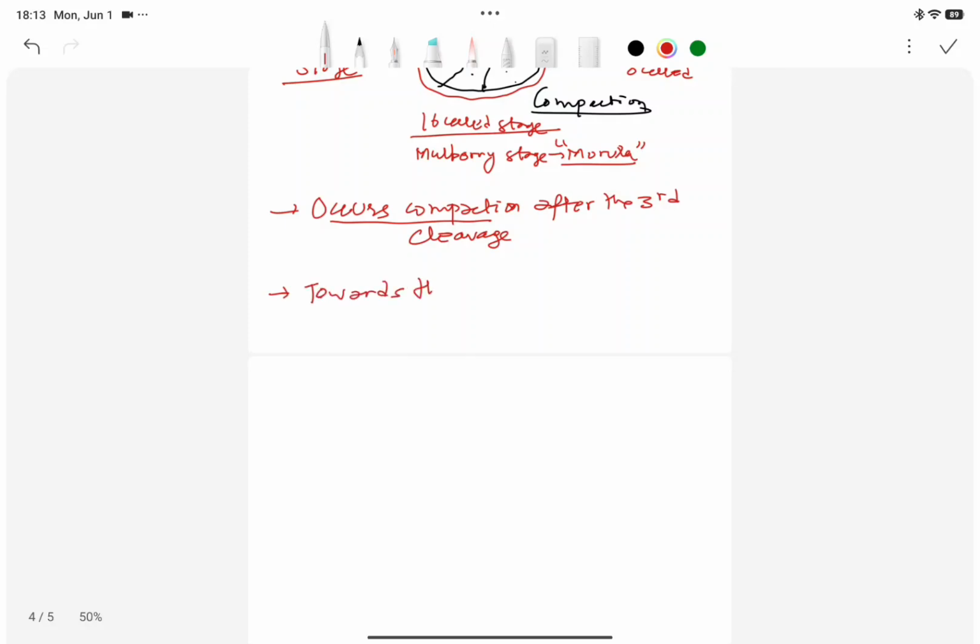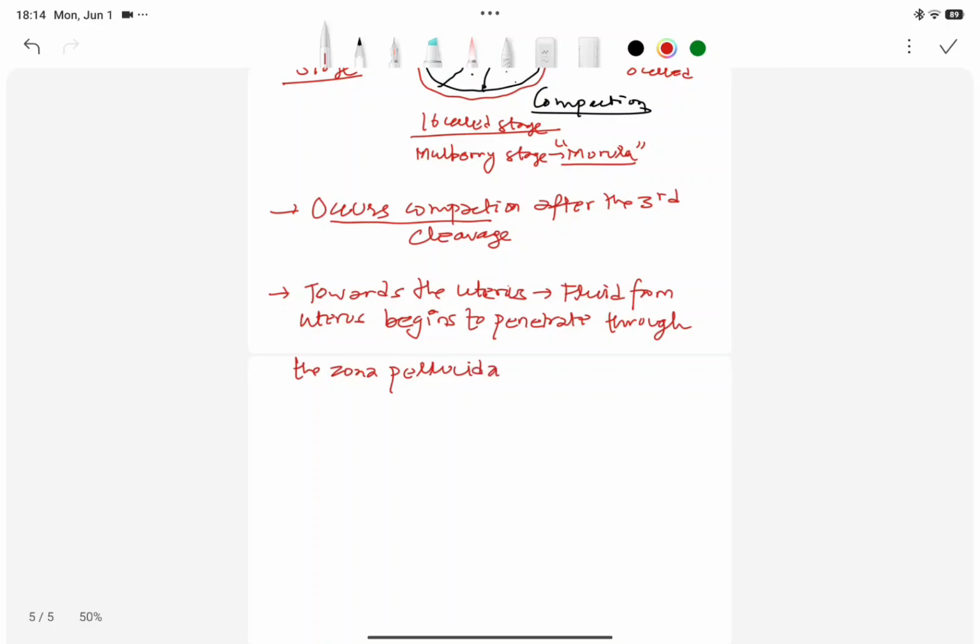Fluid from the uterus begins to penetrate through the zona pellucida, and it accumulates in the intercellular spaces of the inner cell mass.